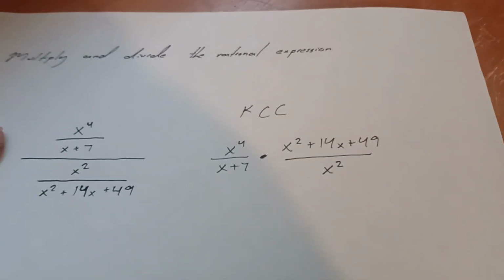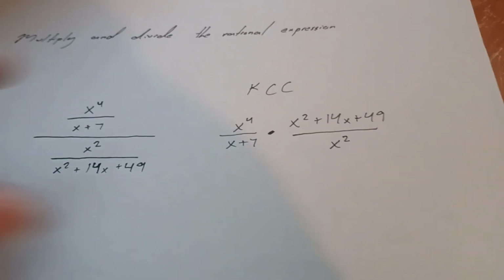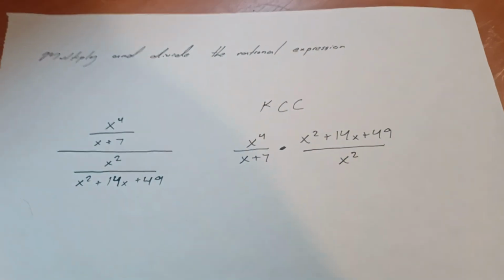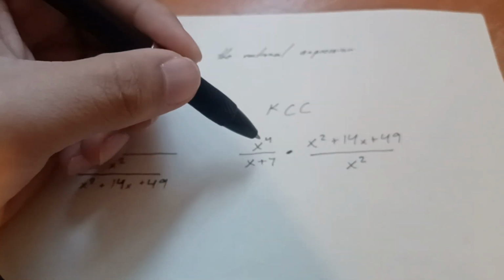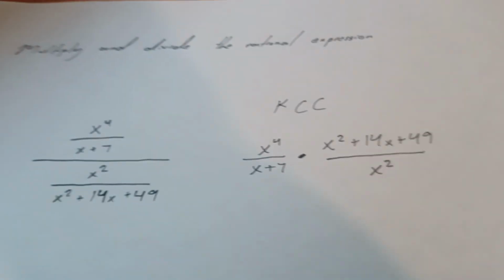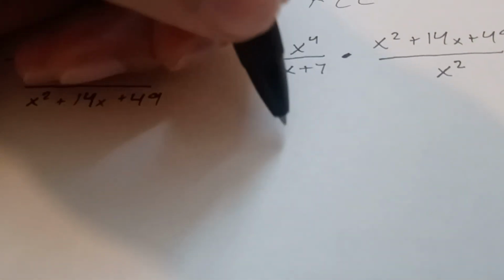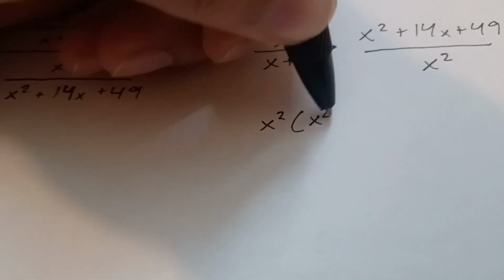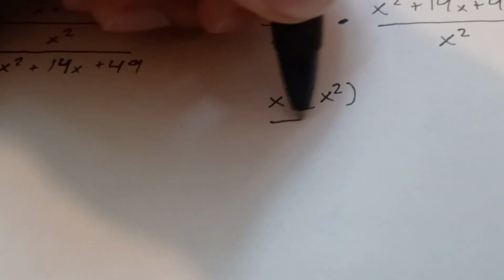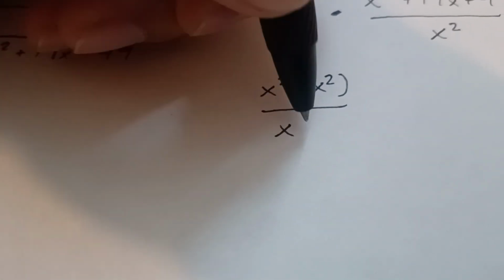So now we can factor to cancel some common terms. So we can factor this, and we can factor an x squared out of that. So it's going to look like this: x squared times x squared over x plus 7.